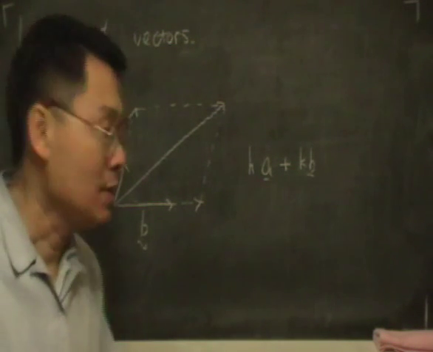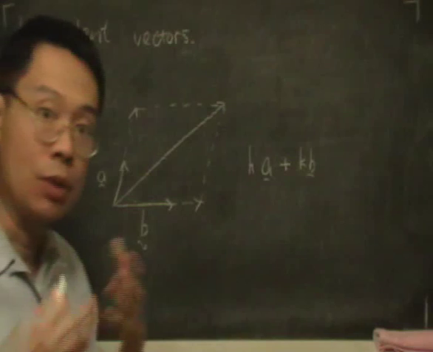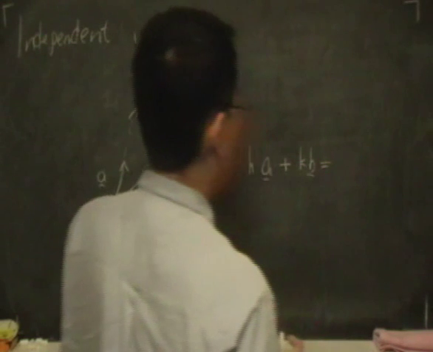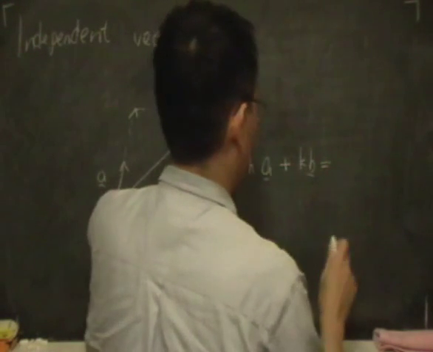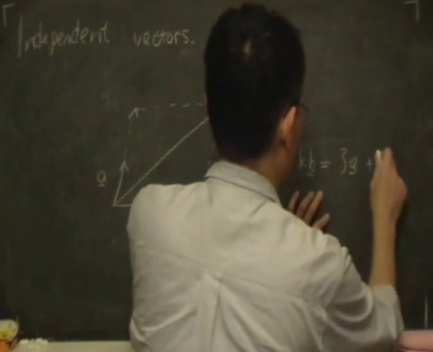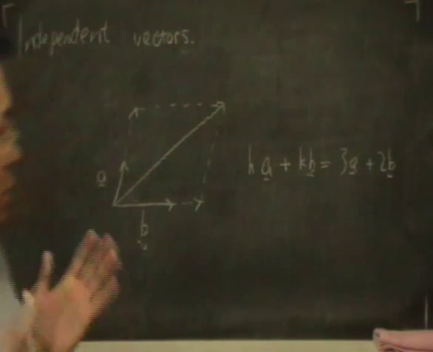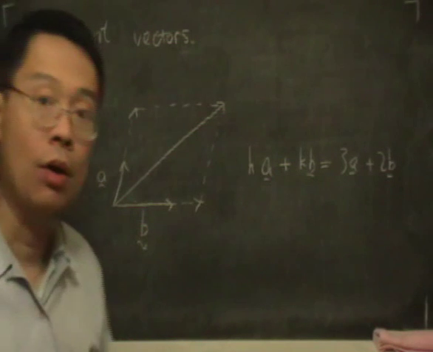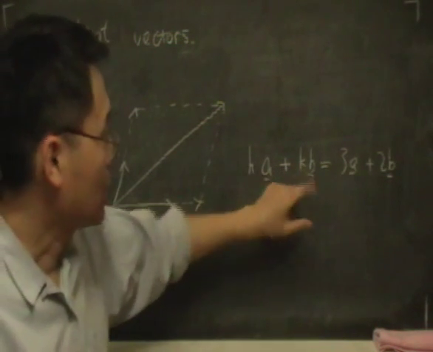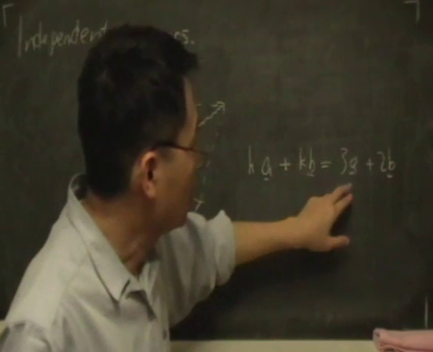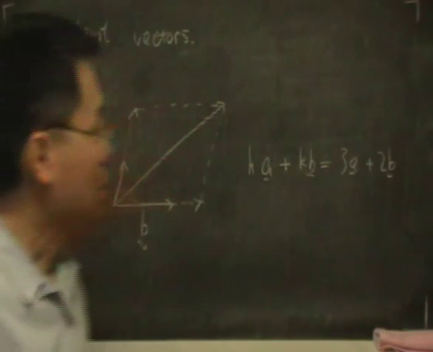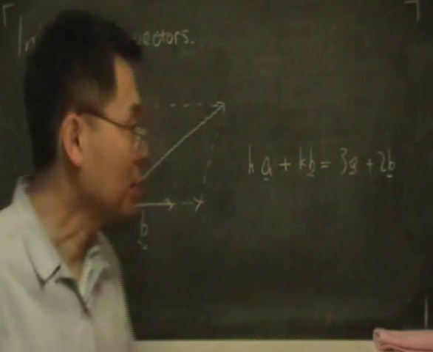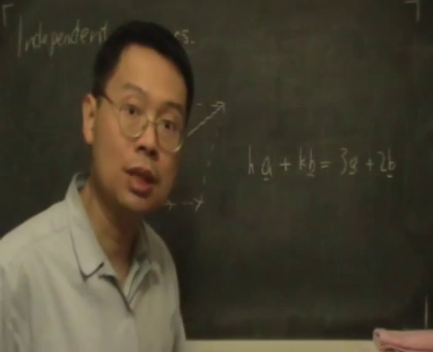Now suppose then that the question tells me that this is actually equal to some definite expression like maybe 3A plus 2B. So if in a question we are given that this combination, in which the multiplying numbers are unknown, is actually equal to this 3A plus 2B, then we can get the unknown numbers simply by comparing the two sides.